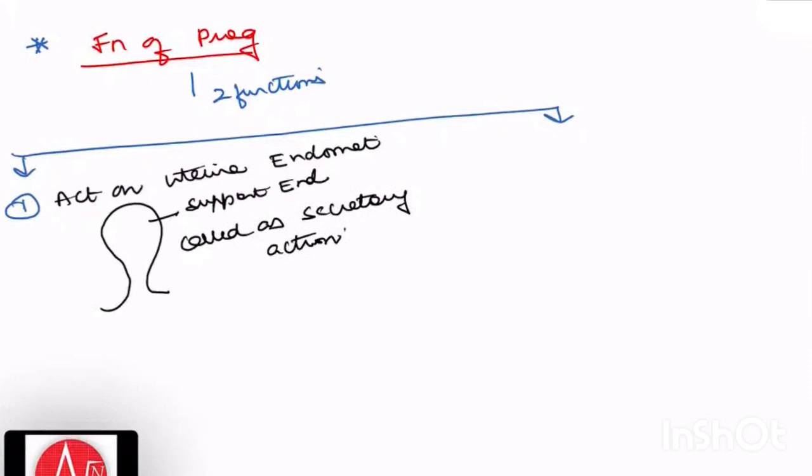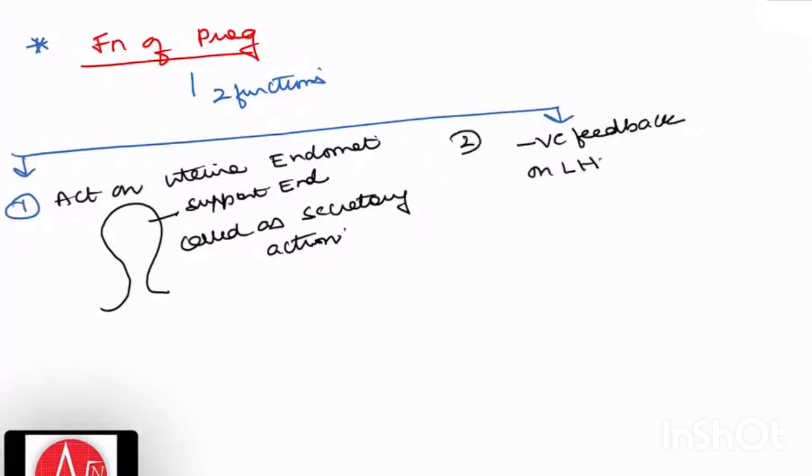Now tell me, FSH ने एक्ट किया था ग्रैन्युलोसा सेल्स पे, और ग्रैन्युलोसा सेल से निकला था ईस्ट्रोजन, और जैसे ही ईस्ट्रोजन निकला था, it had a negative feedback on FSH. LH की वजह से बना कॉर्पस लूटियम, कॉर्पस लूटियम ने बनाया प्रोजेस्ट्रॉन. जैसे ही प्रोजेस्ट्रॉन निकलेगा, what will it have? It will have a negative feedback on LH.